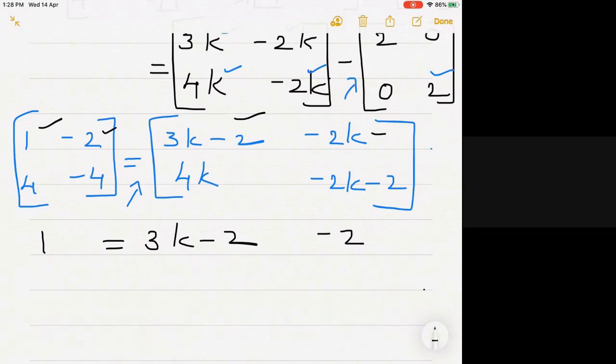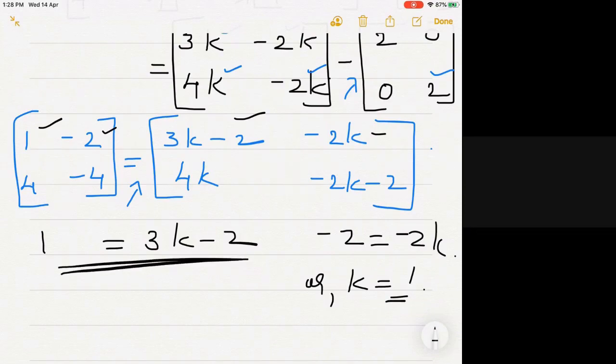Minus 2 equal to minus 2K. So it is easy here to get the value of K, I feel. K equal to 1. And just to verify whether K equal to 1 is correct or not, cross checking. When K equal to 1, you will get 3 minus 2 equal to 1. So it is true. Therefore, the value of K equal to 1.